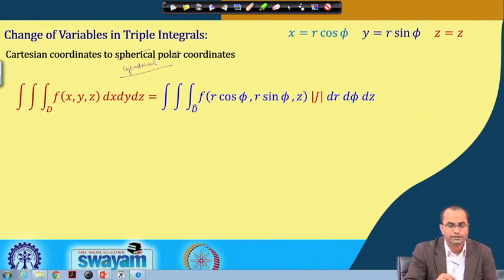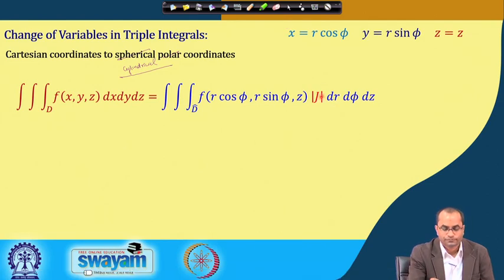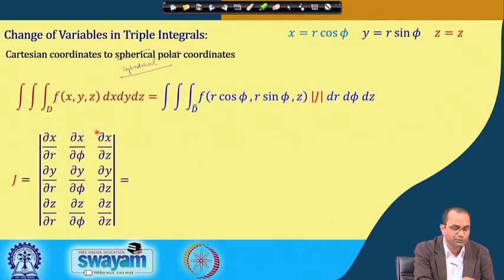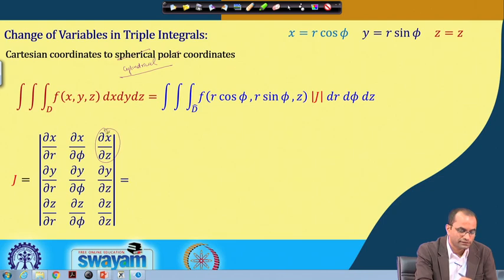So, this is the cylindrical, not the spherical one, but the cylindrical coordinates. So, in this case we have this Jacobian now, which we can compute by this determinant. Again this first row will be partial derivative of x with respect to r, then phi and then z, but there is no z. So, naturally this will become 0 here, y also does not have z, this will become 0, and this is 1 here. So, these are the trivial situations that this will become 0 because x does not have z, y also does not have z, this will also become 0, and this will become 1, and then we can compute del x over del r and del x over del phi.